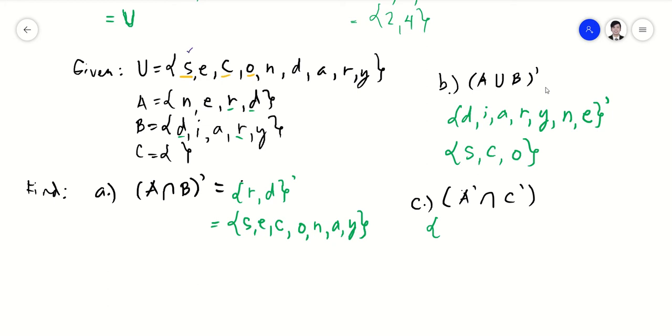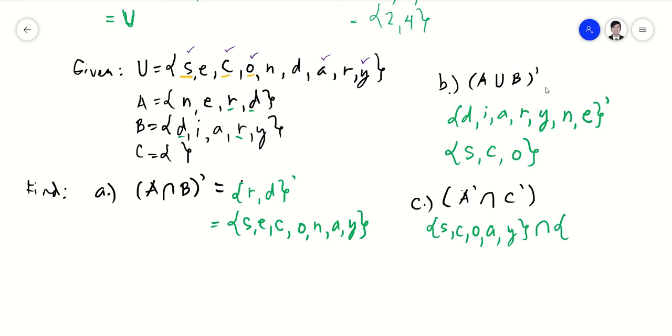We don't have an S. It has an E, no C, no O in the word nerd. There is an N, there is a D, there is no A, there is an R in here, and there is no Y. So that means that the complement of A is S, C, O, A, and Y.